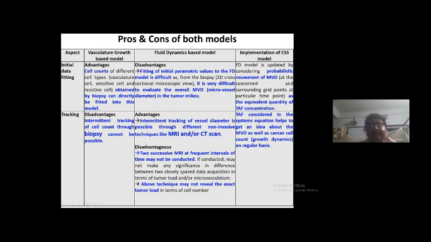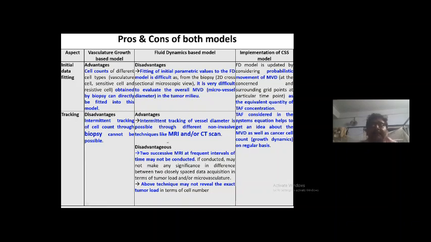But in the FD model, the number of MBD cannot be introduced very directly. The disadvantage of the VG model is that intermittent tracking, or making a follow-up to biopsy, is very difficult.